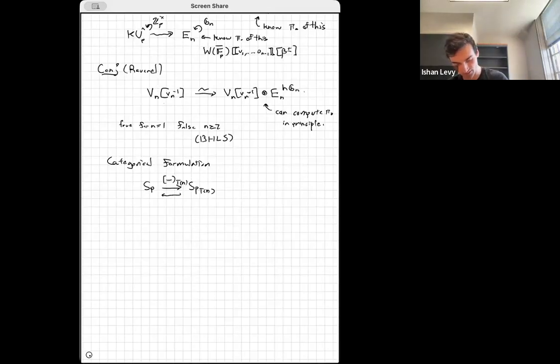And this localization has a right adjoint. And what is this localization? It's the presentable localization. It's a colimit preserving localization such that a map becomes an equivalence after you localize if and only if it's an equivalence after you tensor with the telescope of a type n complex.